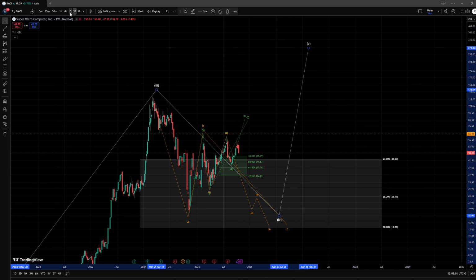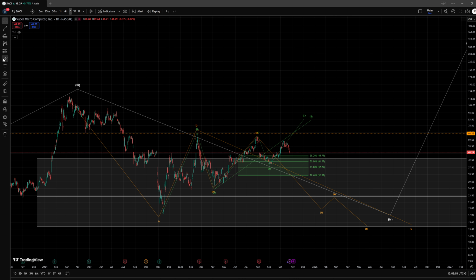That is mostly based on the fact that we failed to create a clear 5-wave structure to the upside. All we have is what could be more likely a correction. I'm not completely discarding the possibility of this being a 1-2 1-2. I am keeping this in the back of my mind, but it is not necessarily a very high probability interpretation.